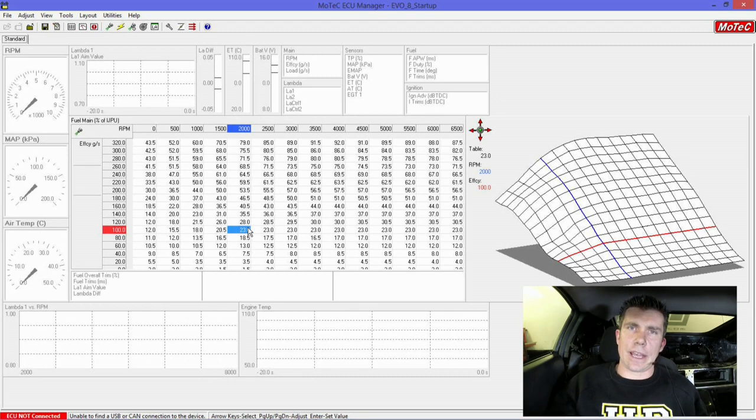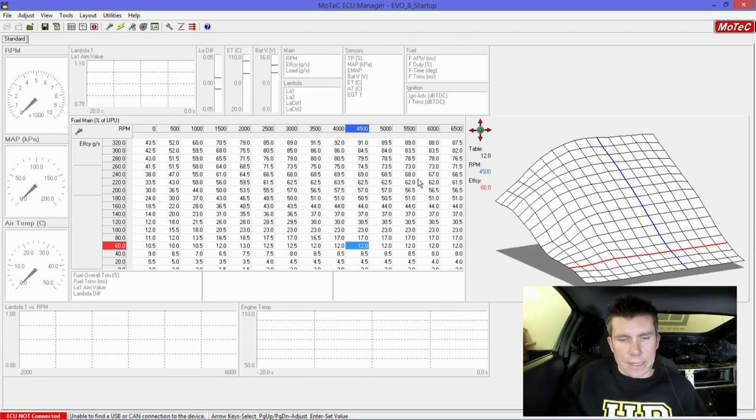And finally, I found the problem by scoping the output from the injectors, and I found that on cylinder 2, the injector was basically shutting off at 7,000 RPM. So let's have a quick look at the laptop, and I'll just show you the startup map that Motec had in that ECU. So here we've got our main fuel table, and again this isn't tuned, this is just as it's supplied.